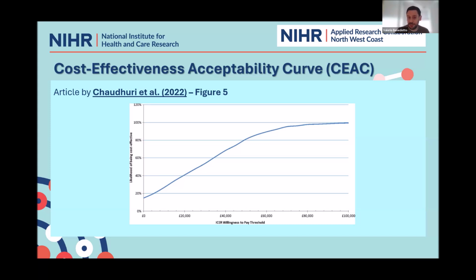If you increase your budget, so if you move from the left-hand side to the right-hand side of the graph, you're able to implement the intervention more and more, and so the likelihood of the intervention being cost-effective will be higher and higher. In particular, as we move towards, let's say, 80K or 100K, you will see that the probability of the intervention is really going towards 100% nearly.